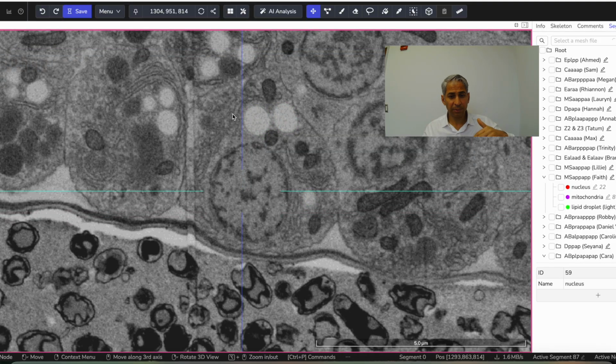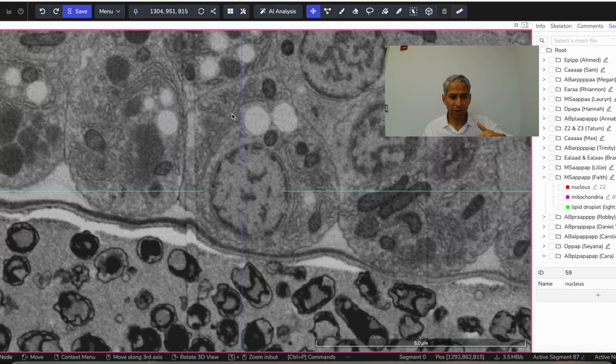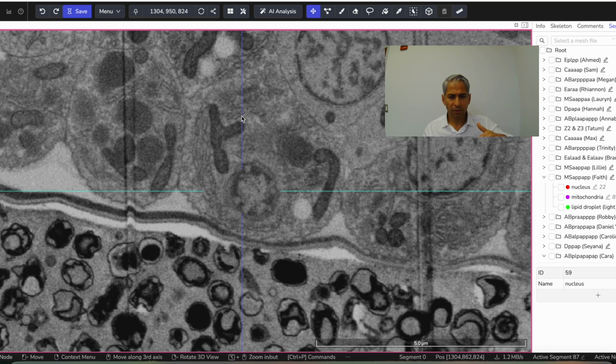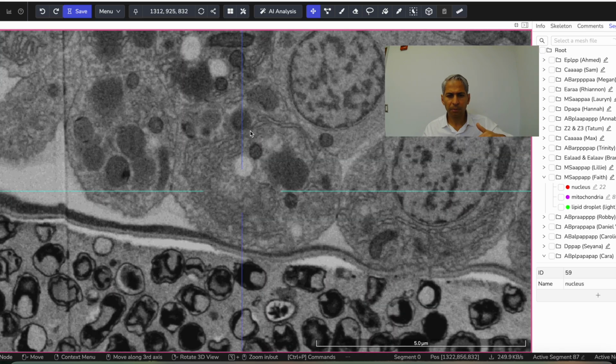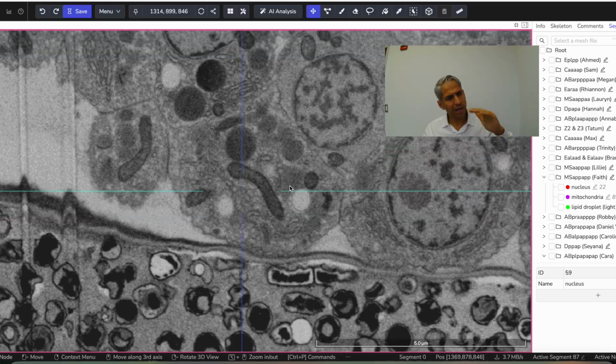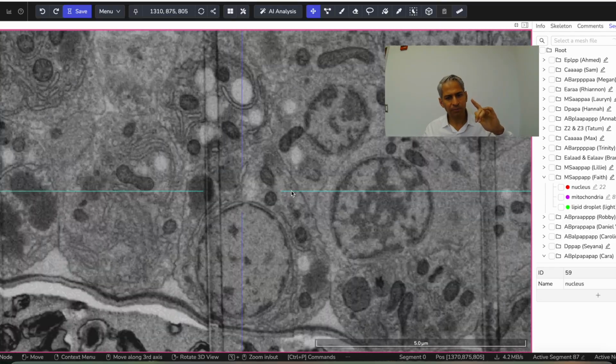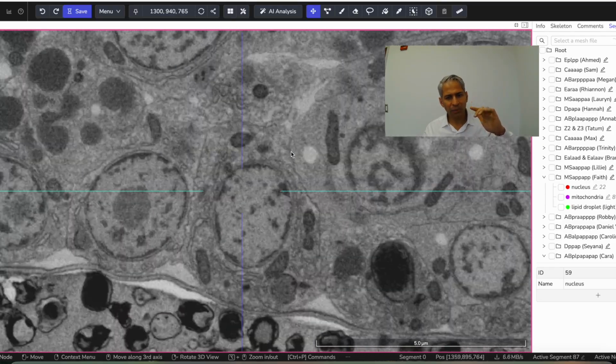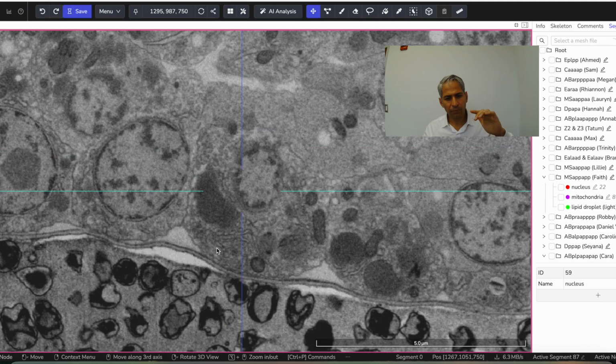Here I have two big lipid droplets. Here I have endoplasmic reticulum, but not as much as the right half of the cell. So I would say that here there is an asymmetry in the abundance of endoplasmic reticulum on the right side of the cell.